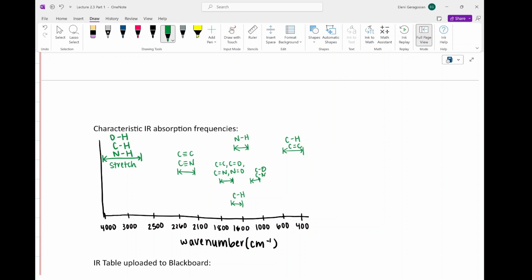All right, one more thing I want to note is just above about 1,500. We'll draw it right here, and then higher wave numbers. We call this the functional group region.